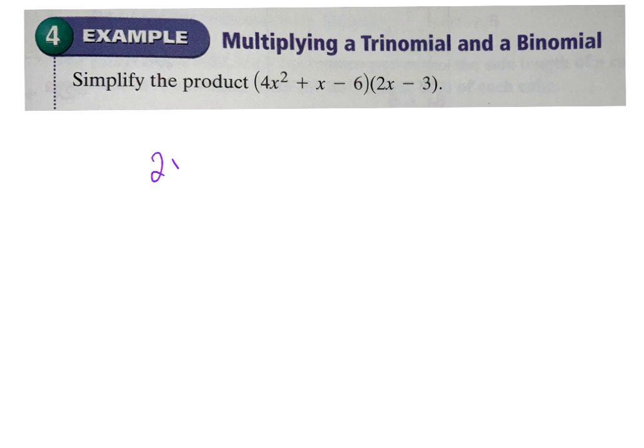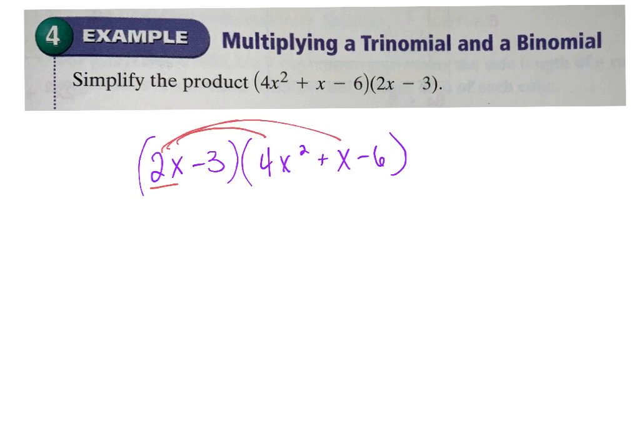I just do the 2x minus 3 right here and the 4x squared plus x minus 6. So I always put my smaller one in front, all right? And then I just do repeated distribution. So what I'm going to do is I'm going to take this 2x and I'm going to distribute it through to all three of them. And then I'm going to take the negative 3 and I'm going to distribute that through to all three of them. All right?